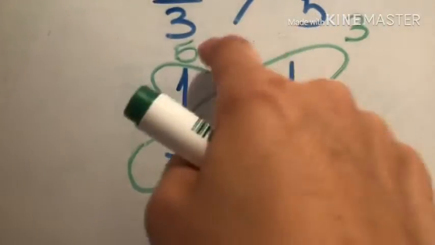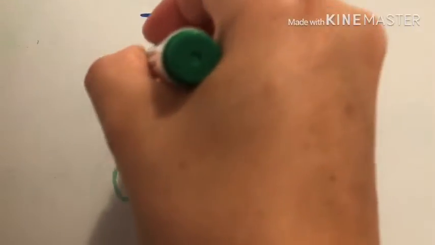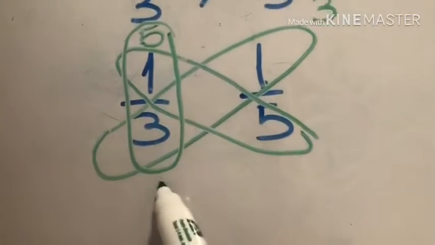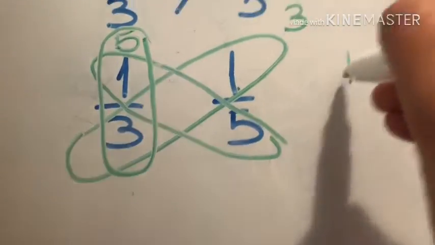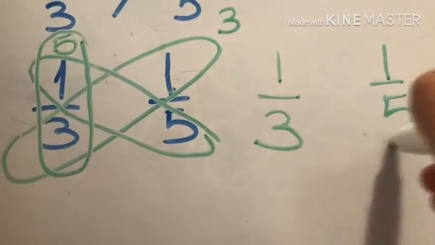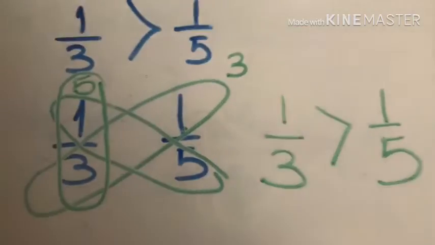Which one is bigger, the 5 or the 3? This one is greater, right? So doing it this way, it shows us that 1/3 is greater than 1/5.